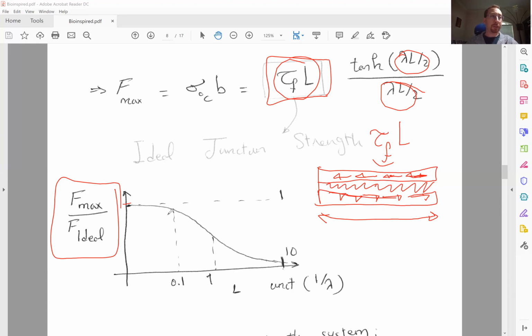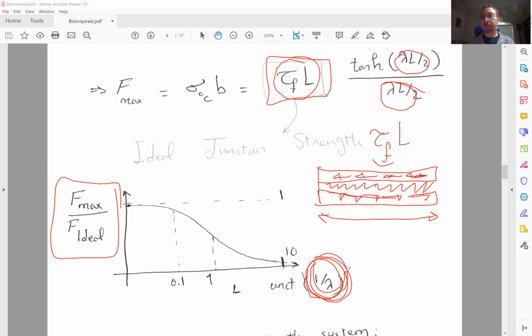And the message here is just like last time: if the overlap is too long, and long is defined by comparing everything with 1 over lambda, then the shear stress is not going to be uniform. So the failure will be progressive, starting from the two ends going towards the middle.